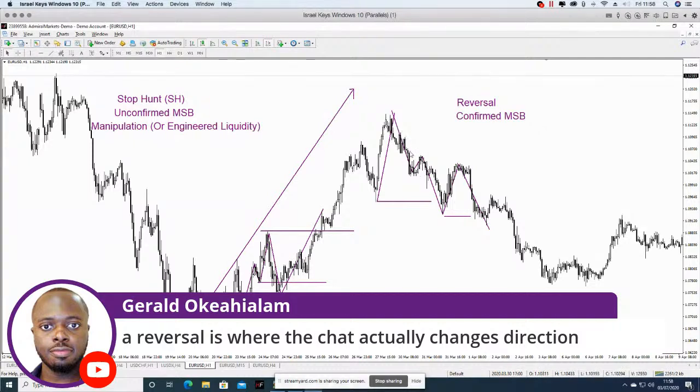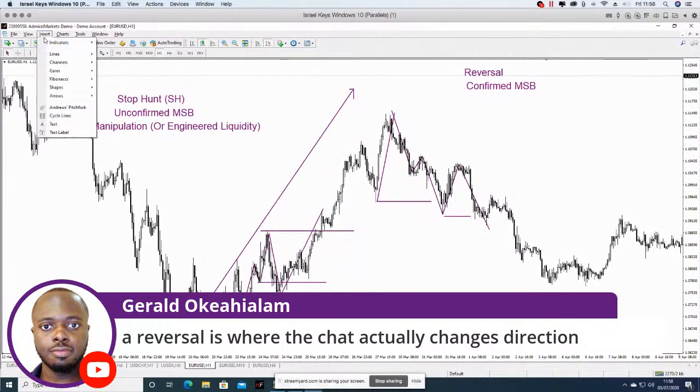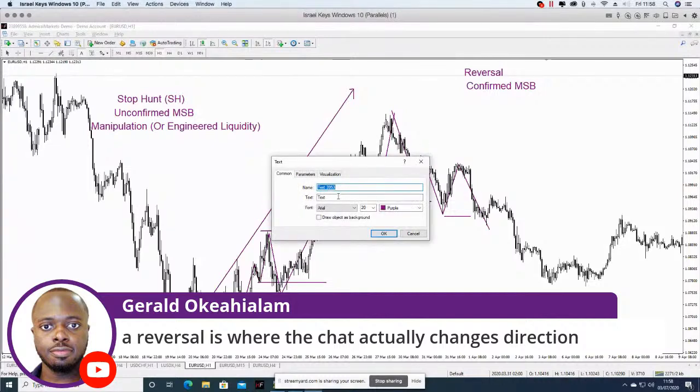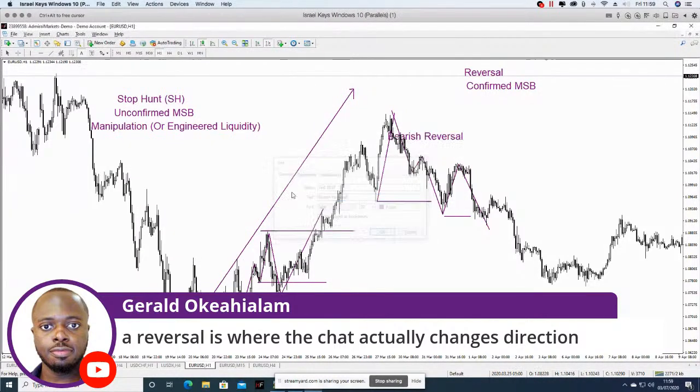So now, okay, let me put this here. This is an example here of a bearish reversal. It's a bearish reversal because it's a reversal that starts a bearish trend or a bearish market structure.